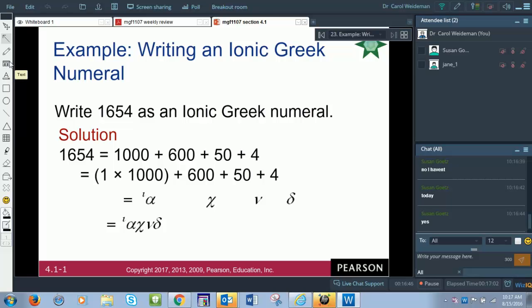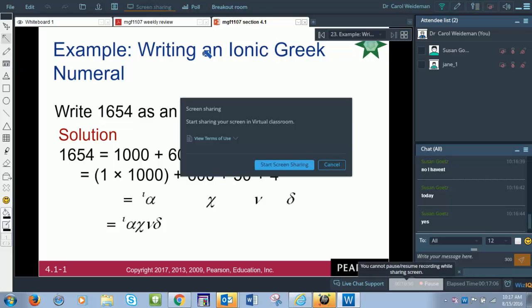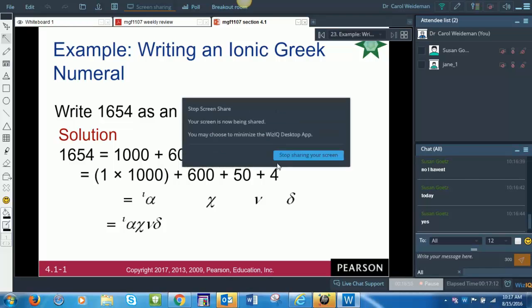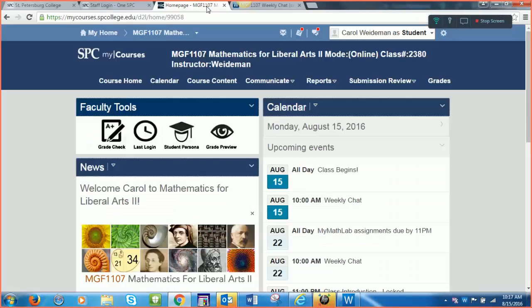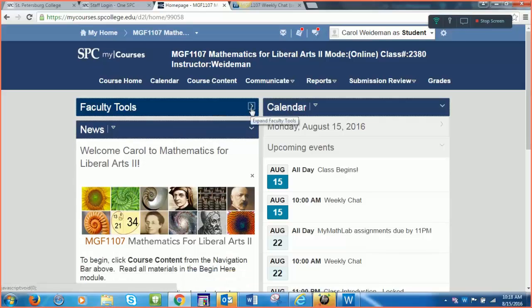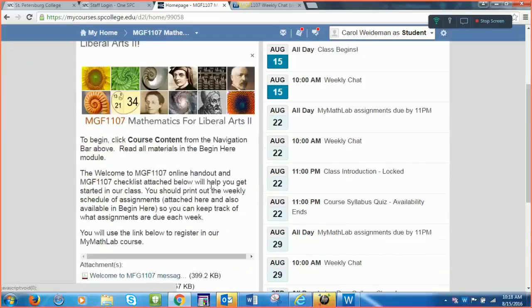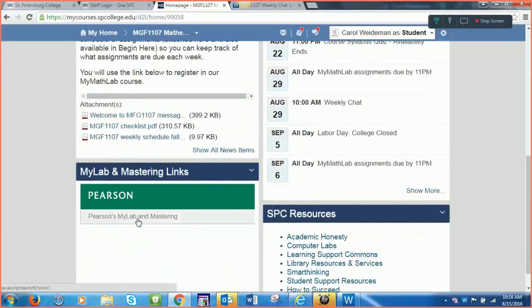All right, so I was going to share my screen, in case people are having trouble seeing that. Hopefully this will show up. Okay, there we go. So this is your My Courses course. You don't see the faculty tools, that's just for faculty. What I wanted to show everybody was, number one, to register in MyMathLab, you use this link on the course.